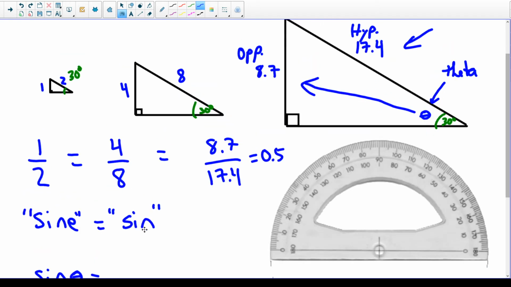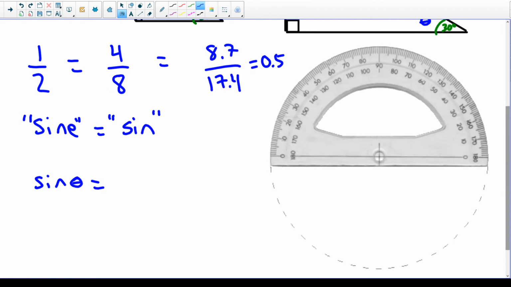And that's what they decided to call that ratio. The ratio of the opposite divided by the hypotenuse is equal to the sine of the angle. And no matter what right angled triangle you're working with, depending on what theta is, you will always get the same ratio when you divide the opposite by the hypotenuse.